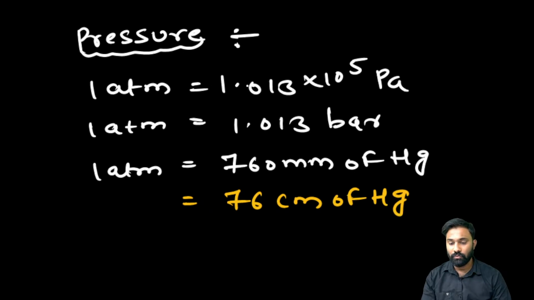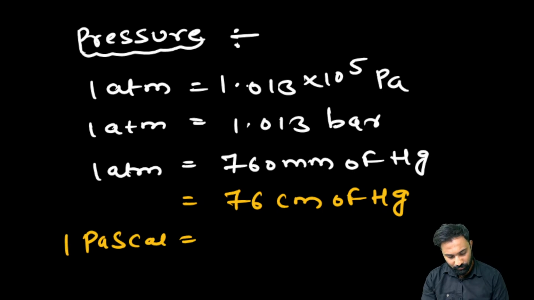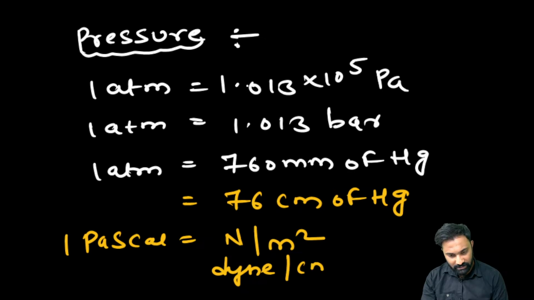These are some pressure units we are going to use. We can use the Pascal also. 1 Pascal is equal to Newton per meter square, or dyne per centimeter square. Clear? These are the pressure units that we are going to use.